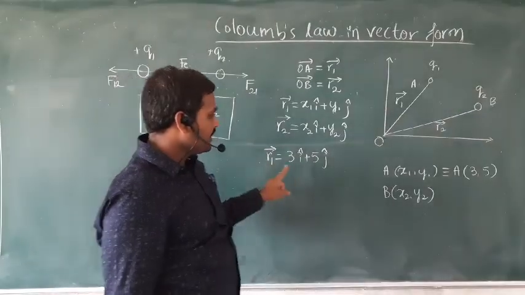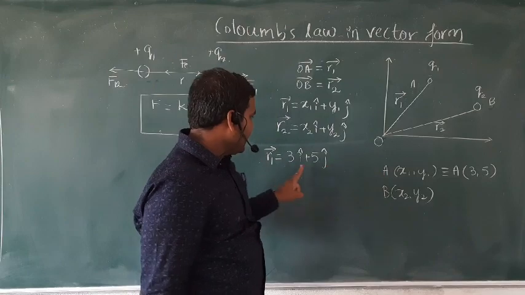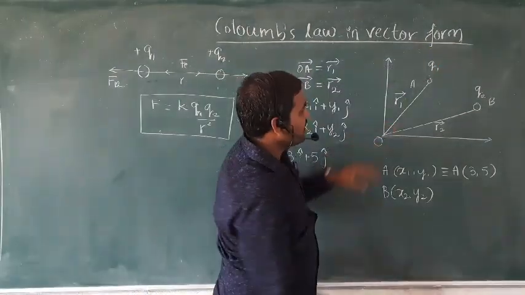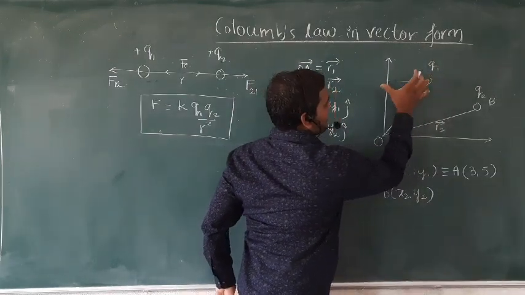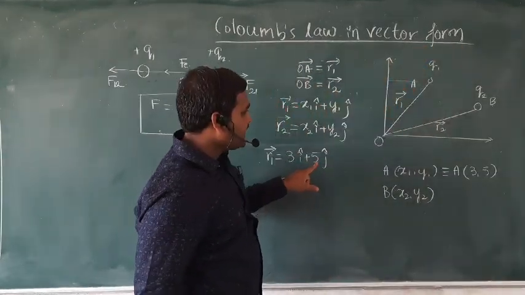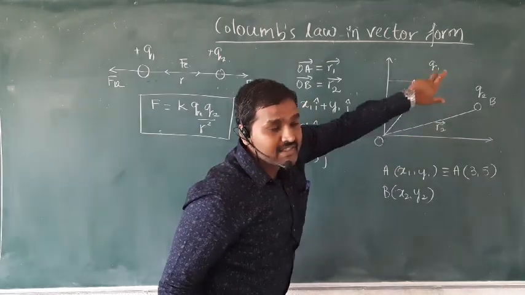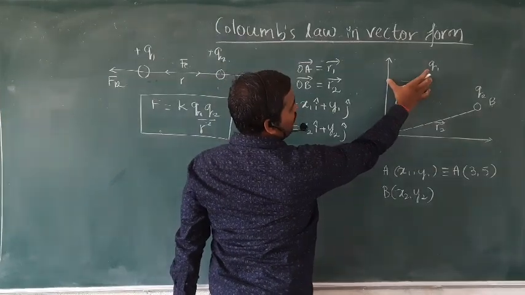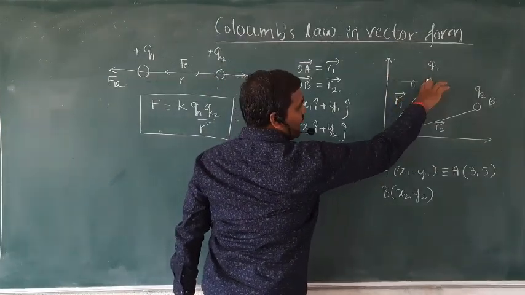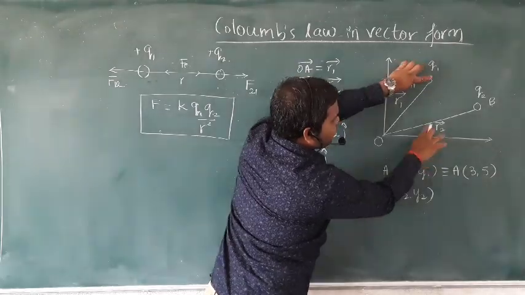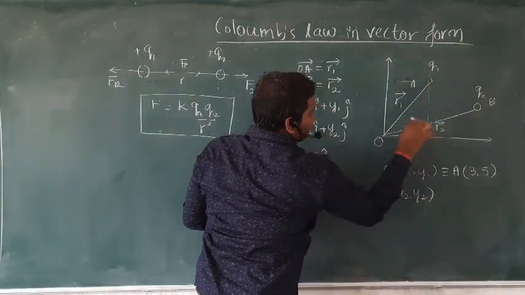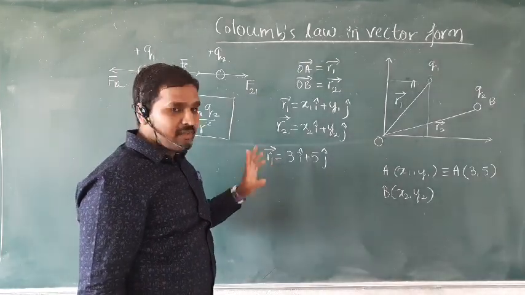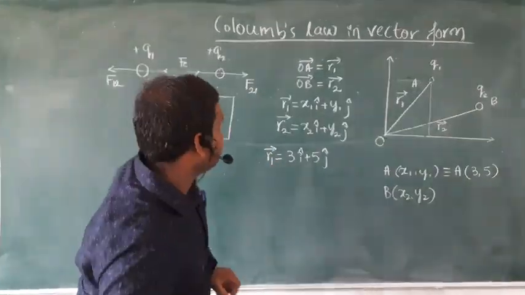It indicates this point A is at a distance of 3 units along the x axis, and at a distance of 5 units along the y axis. You can clearly see that the x coordinate value is 3 units, and the y coordinate value, this height from the x axis, is 5 units. This is how we represent position vectors. Is it clear?